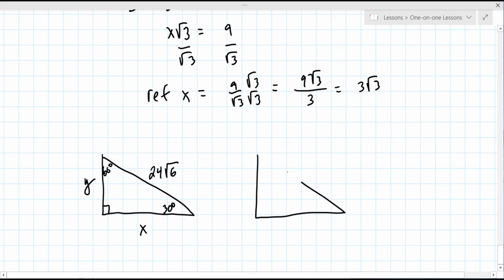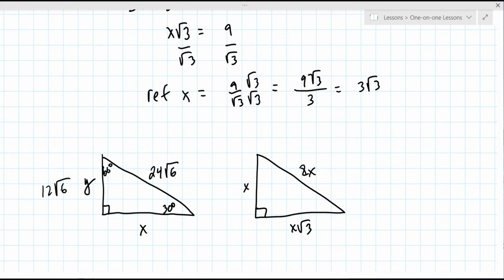So the x would be 12. No, not 12. Yeah, 12 root 6. So is that x or y over here on the left? It's y. That's right. It's very confusing, but that's how these problems are written.